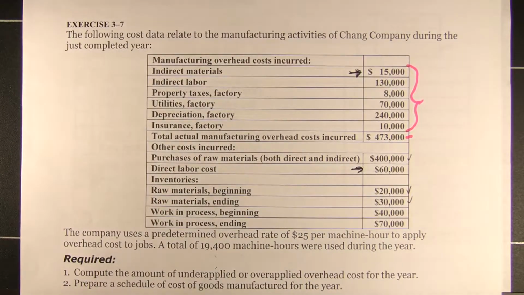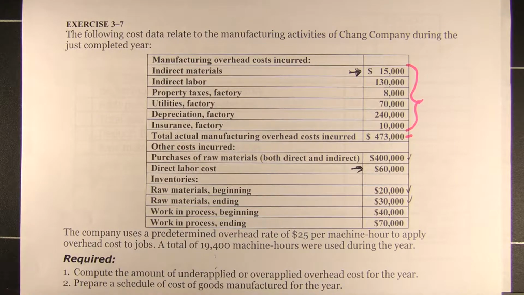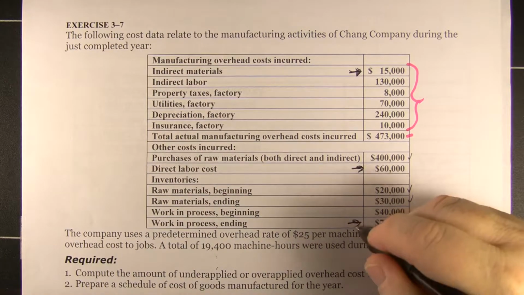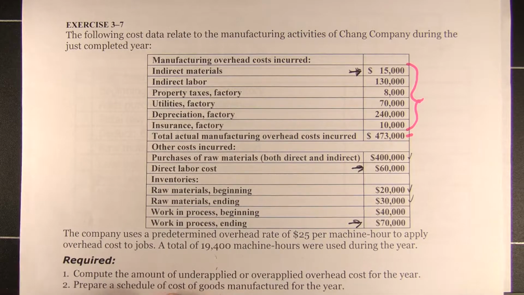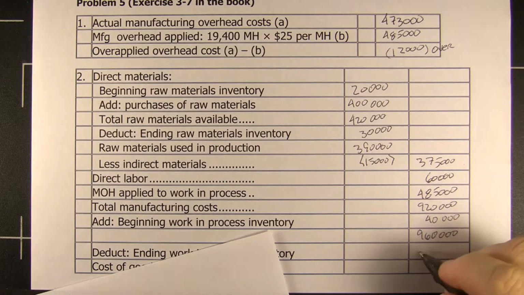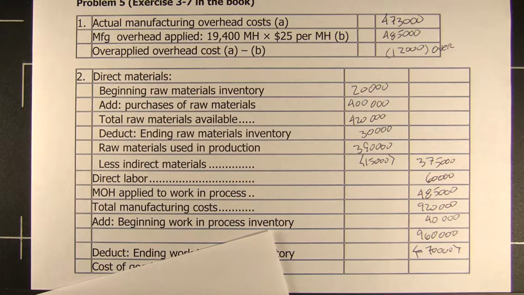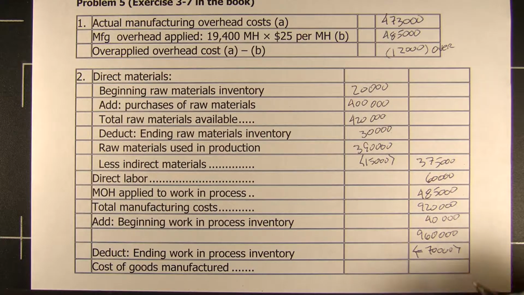But take a look here, we have ending work in process, $70,000. So we subtract that. For the sake of consistency, I should use parentheses. So our cost of goods manufactured, $890,000.